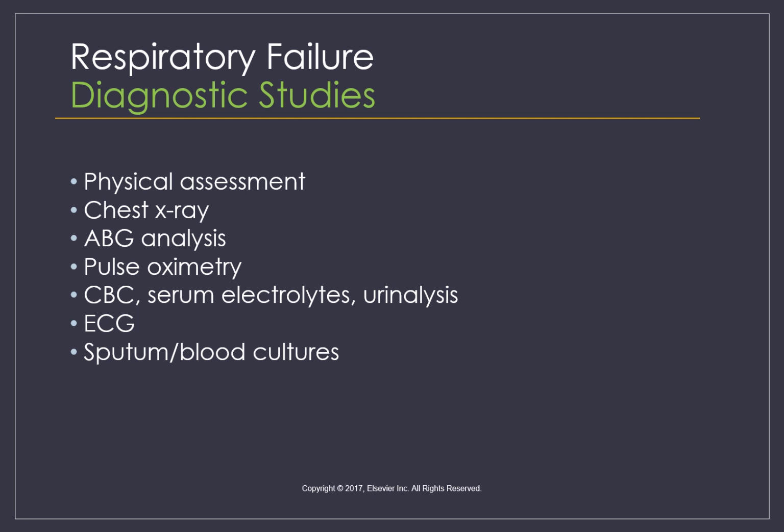ABGs, pulse oximetry, and a CBC can give you your hemoglobin and hematocrit, because hemoglobin is what carries that oxygen. So if they have decreased hemoglobin, their oxygen carrying capacity is diminished. If they're slightly anemic, they might have that pallor, that fatigue associated with that.